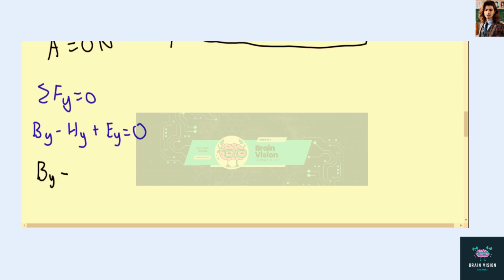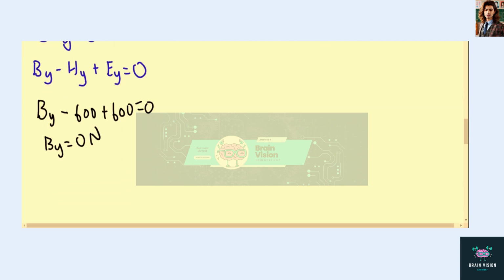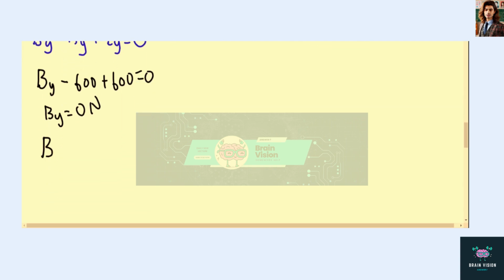And we can substitute in h of y and e of y to get that v of y is equal to 0 newtons. So we can say that the reaction at the point B is equal to 0 newtons.